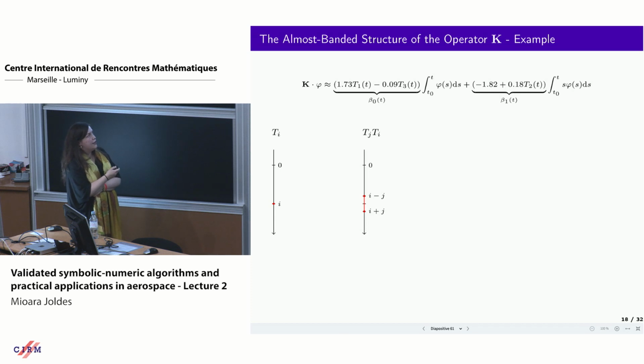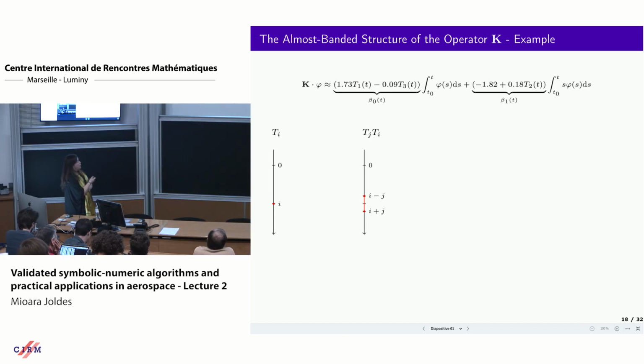Actually, if you multiply two Chebyshev polynomials, you will impact the i minus j and i plus j coefficients of the new series. It's a bit more complicated than the Taylor series, where you know that it will impact only the i plus j coefficient.